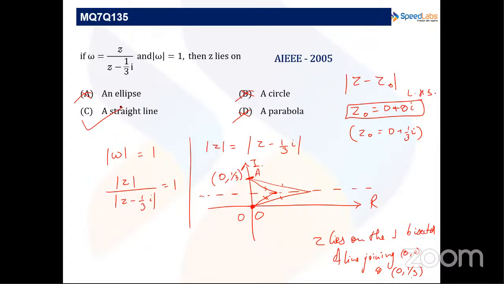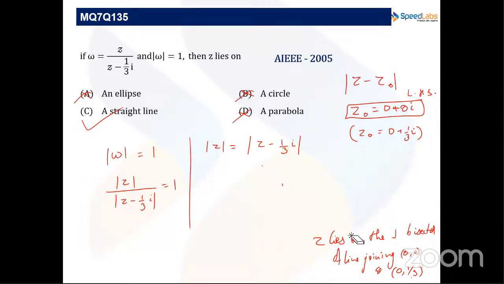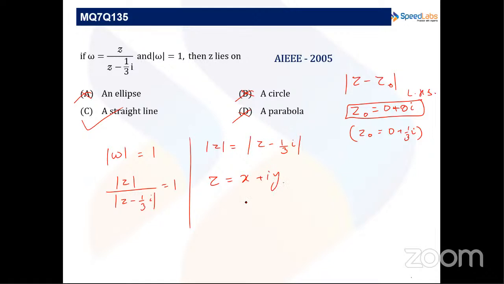This is one method. The other method we can use, if you are not comfortable with this one, is this: let's say z equals x plus iy.